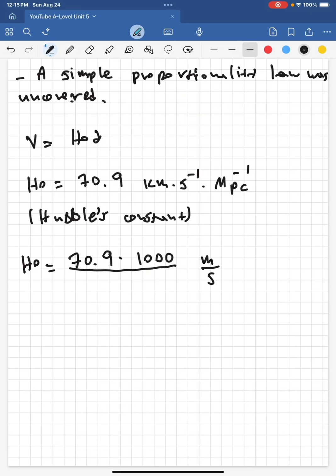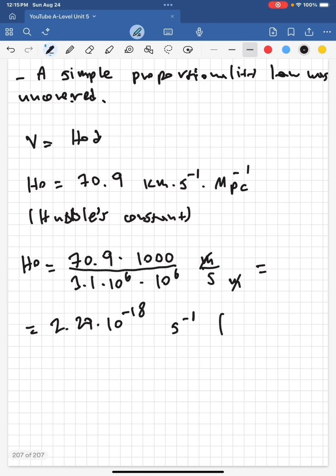One parsec is 3.1 times 10 to the 6 meters, and since we are dealing with megaparsecs, we also need another 10 to the 6 for the mega. So meters cancel, and this Hubble constant is also equal to 2.29 times 10 to the negative 18 seconds to the minus 1, okay? This is not hertz, it's just inverse seconds.